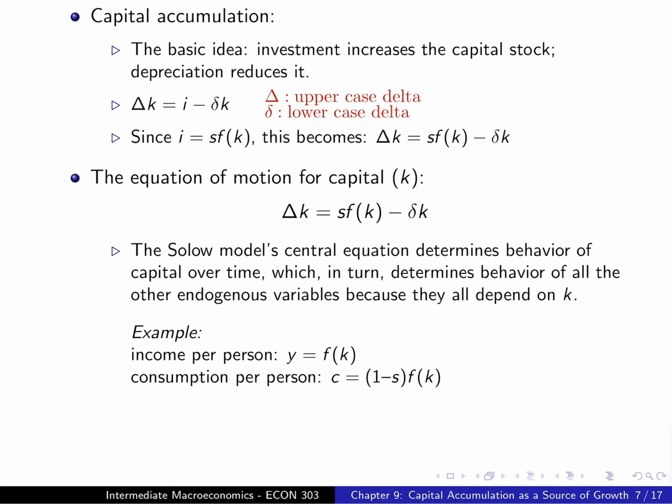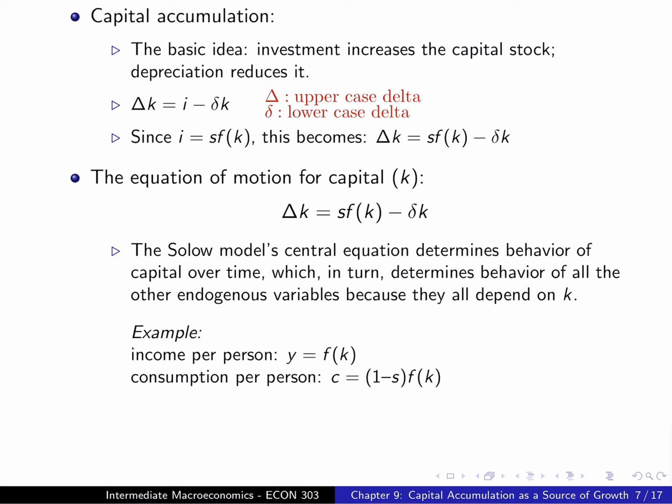Since investment equals saving, and saving is a fraction, the saving rate, of output, we substitute i = s f(k). Substituting into our equation gives Δk = s f(k) − δk.